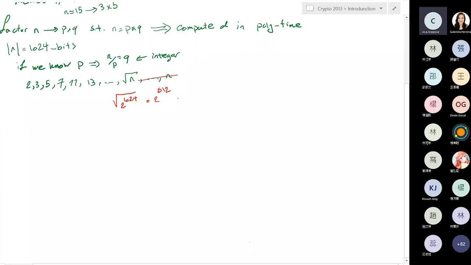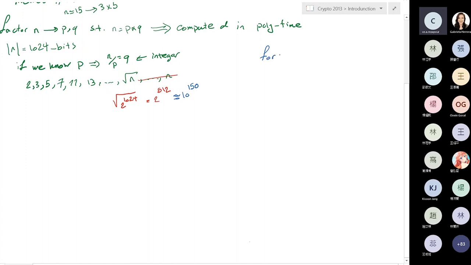I did compute this one, and it is roughly equal to 10 to the power 150. I think we understand this number better than 2 to the power 512, right? So this value is roughly 10 to the power 150. So given that, I can write the pseudocode for this problem.